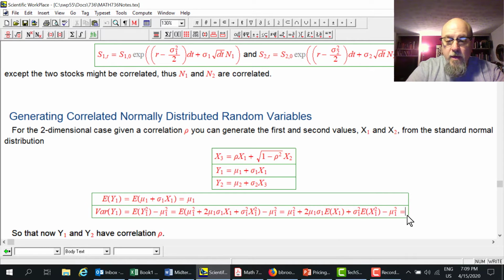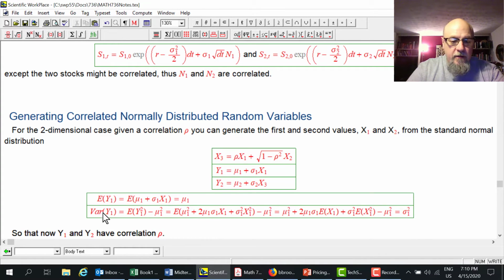So this whole thing just equals sigma 1 squared: the variance of y1 is sigma 1 squared. So the standard deviation of y1 is sigma 1. So what does this mean? This means that our y1 is normally distributed with our target expected value we pick, mu1, and a standard deviation we pick, sigma 1.